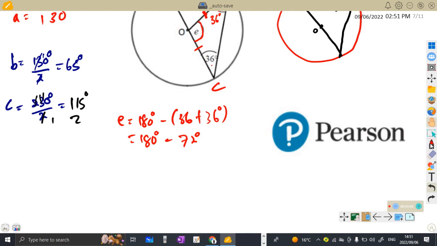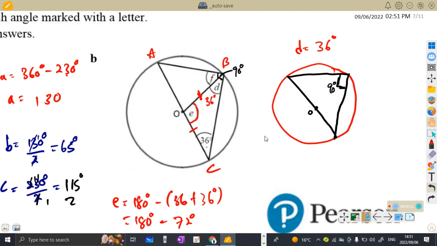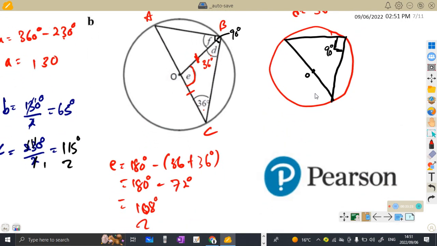Let's subtract and see what we are going to have. 180 minus 72 degrees is 108. So that's going to be 108 degrees. All right, so that's our angle E. This is 108 degrees, the angle E inside. I'm just writing outside of the diagram, but I'm referring to this one.